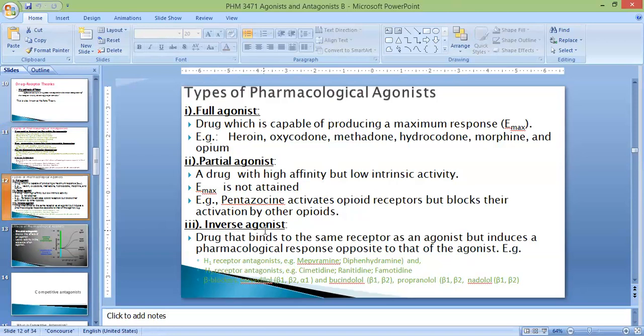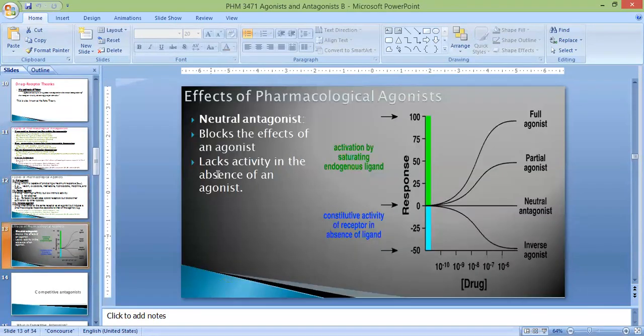It binds to the same receptor as an agonist, but will induce a pharmacological response that is opposite to that of the agonist. And for the neutral one, I don't want to talk about neutral. That one is a whole other discussion.